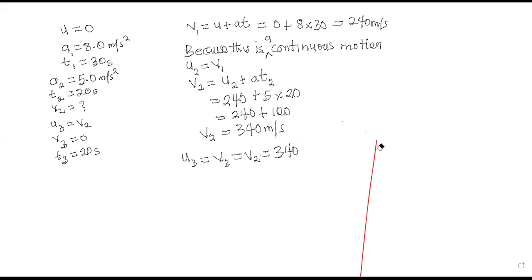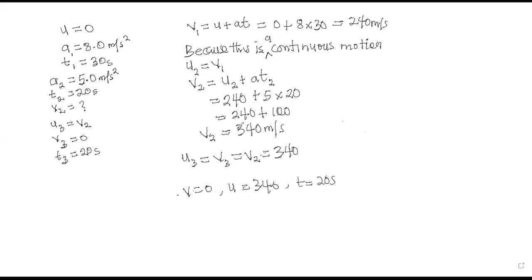During the final part, we are told that the body decelerates uniformly. So the final velocity is equal to 0. When V is equal to 0, U is equal to 340 within a time interval of 20 seconds.